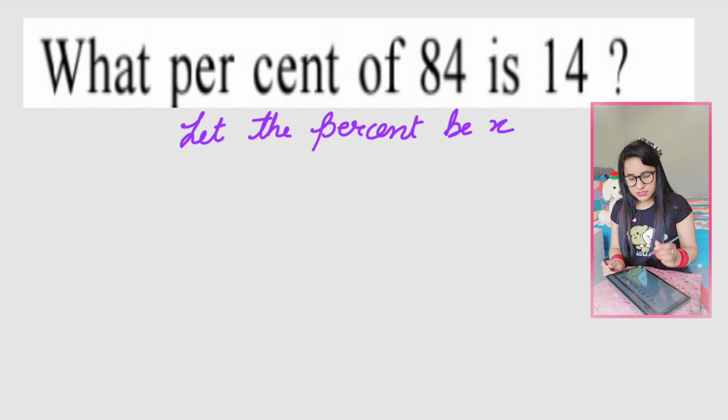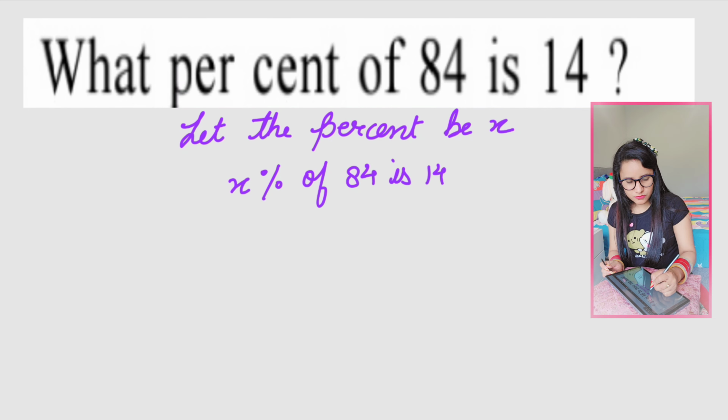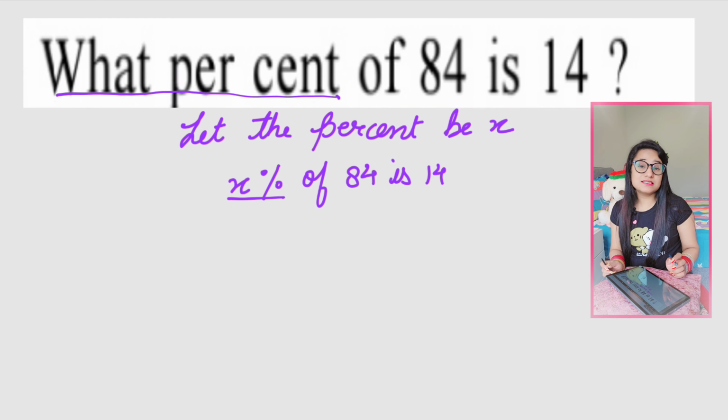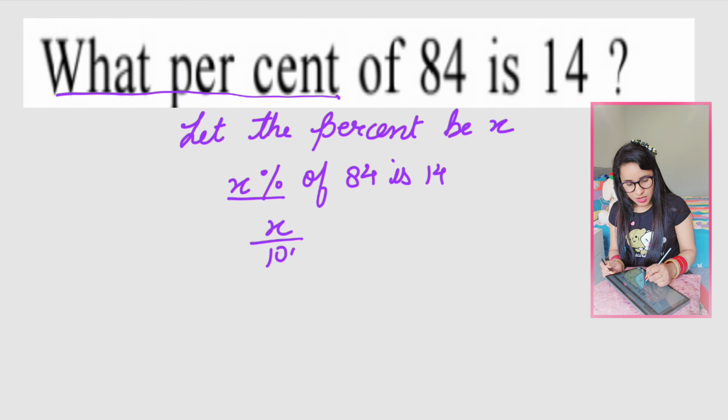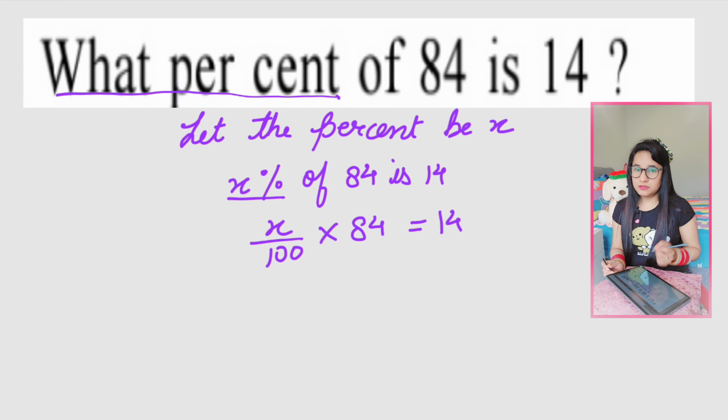Now, since what percent of, so here x percent of 84 is 14. So instead of what percent, I have replaced it as x percent. Now again, percent sign means upon 100, of means into 84 and is means equal to 14.